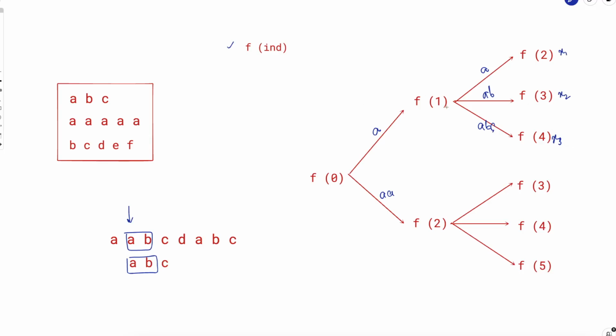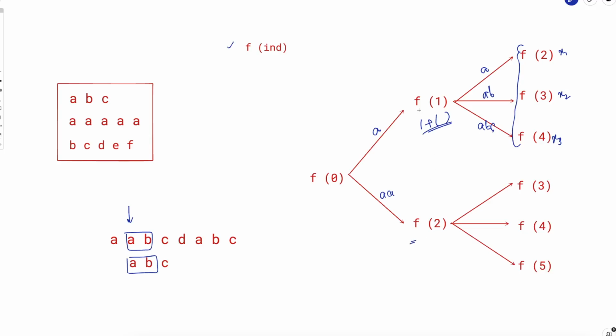Because this is one match that you have done, or this is one particular valid string that you have included in your set of strings that you will finally use to make everything starting at index 1. So whichever is minimum, you will take that one, and 1 plus that minimum value will be the answer for f of 1. In the same fashion, you will figure out the value of f of 2 as well.